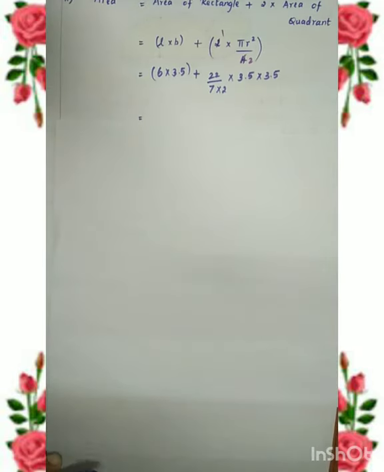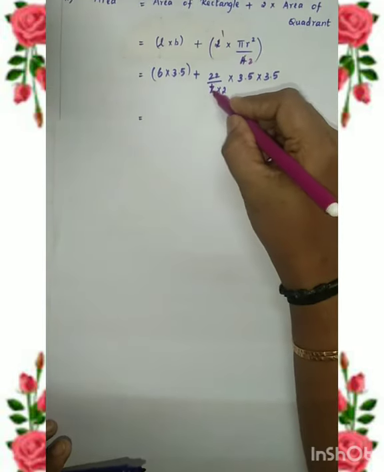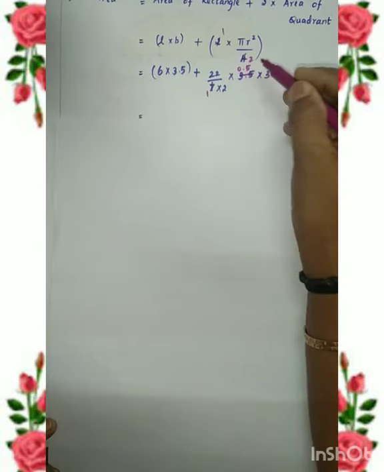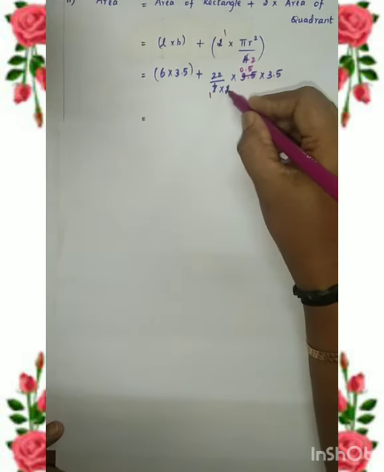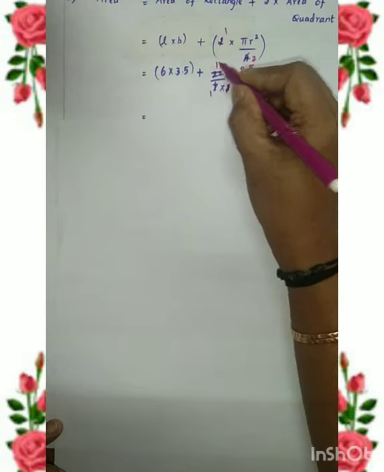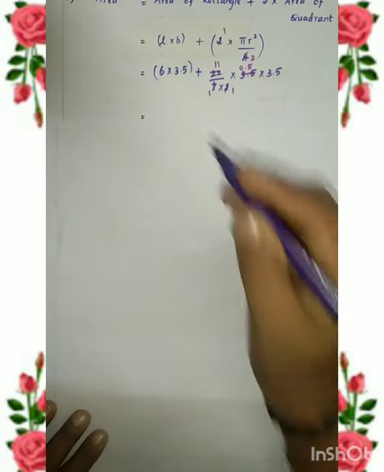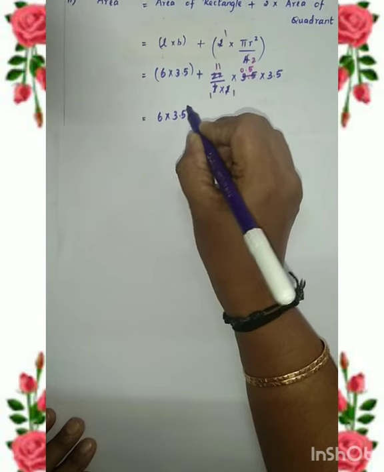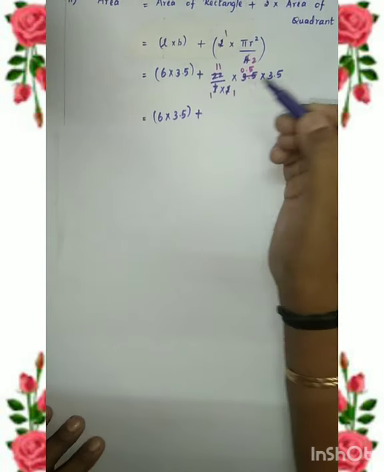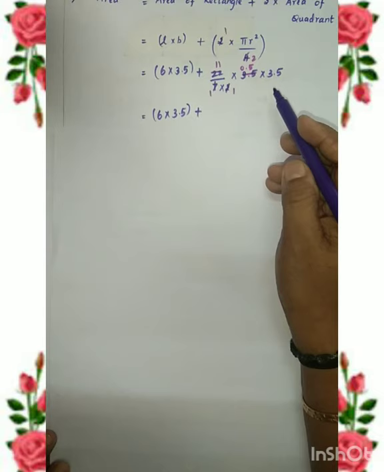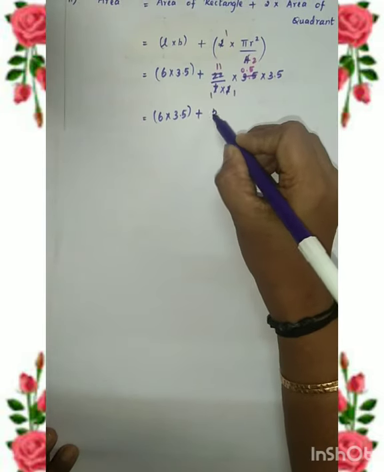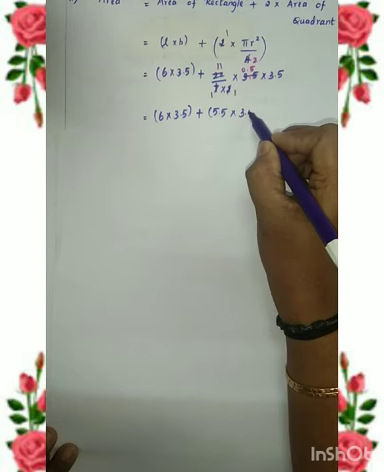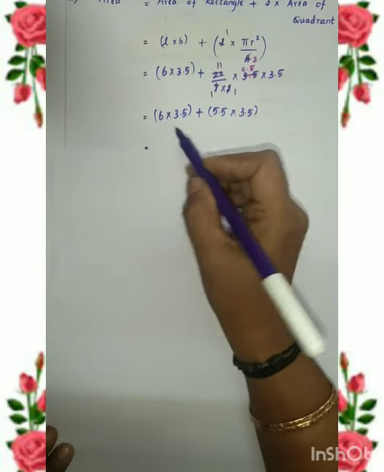So we can cancel: 7 ones are 7, 7 5s are 35, which gives 3.5. Then 2 ones are 2, 2 11s are 22. Then 6 into 3.5 plus 11 into 0.5 is 5.5, into 3.5. So we can multiply the values.